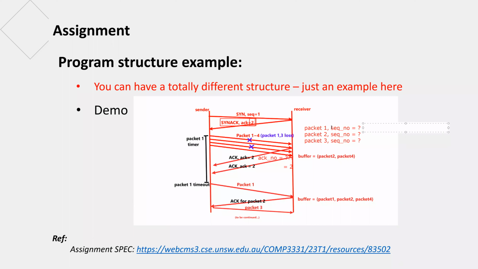For packet 1, the sequence number should be this one, 2. And the second one should be 2 plus the data size, usually 1000. And this one too. Yes, so this is the pure calculation for the TCP.